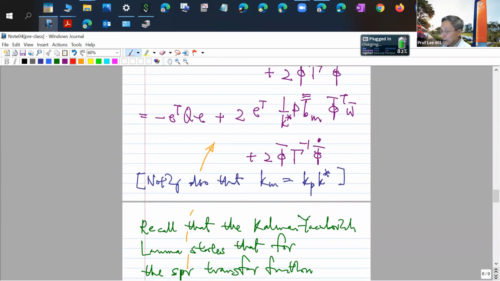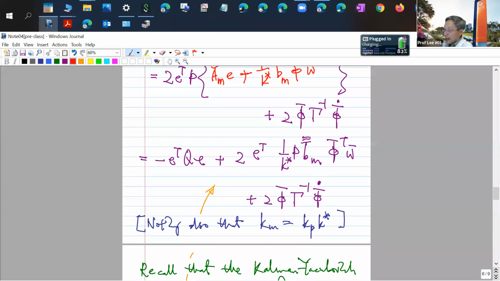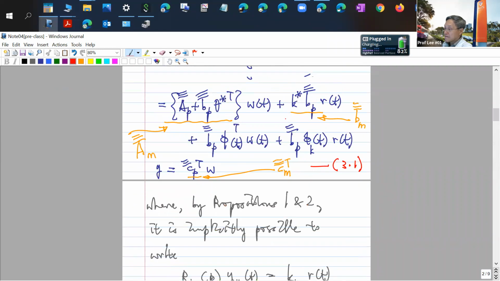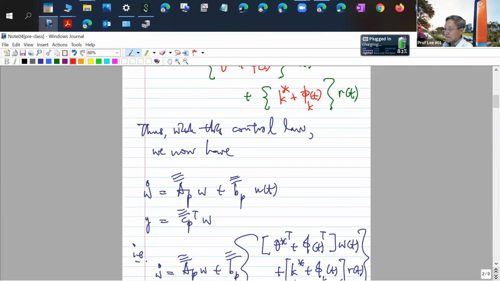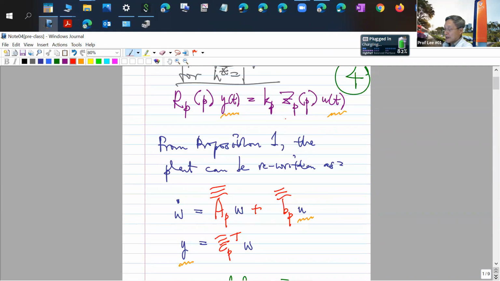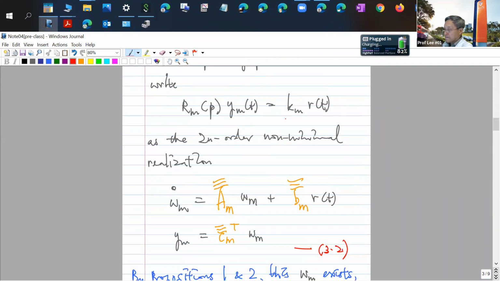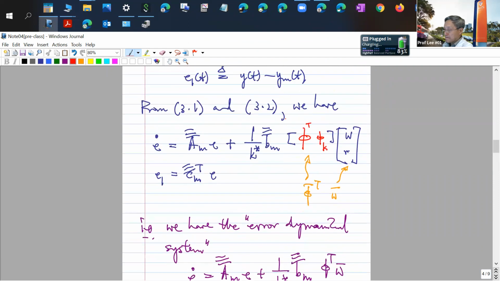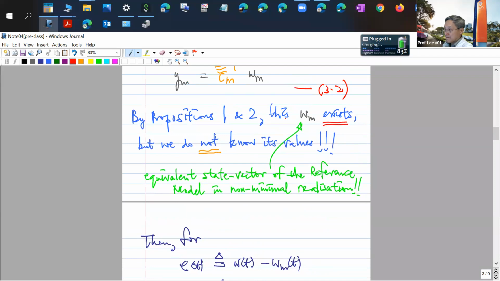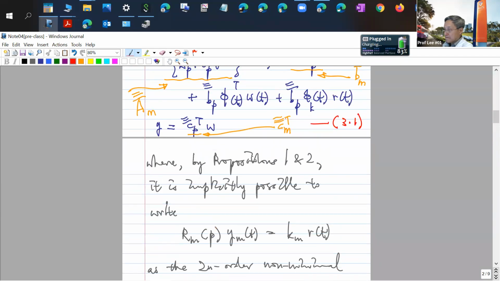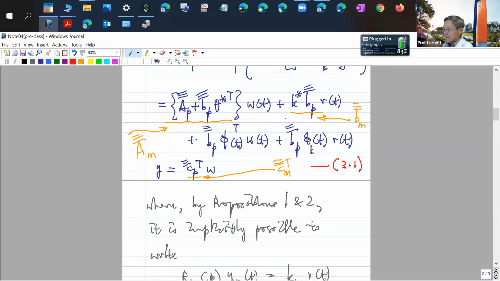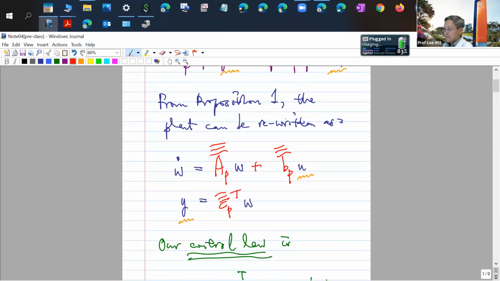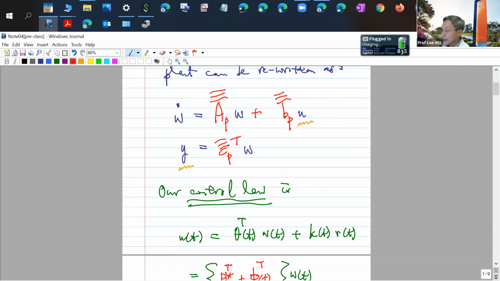Then of course, if you note from above, Km was Kp K star. Anyway, you can check: Km is Kp K star.